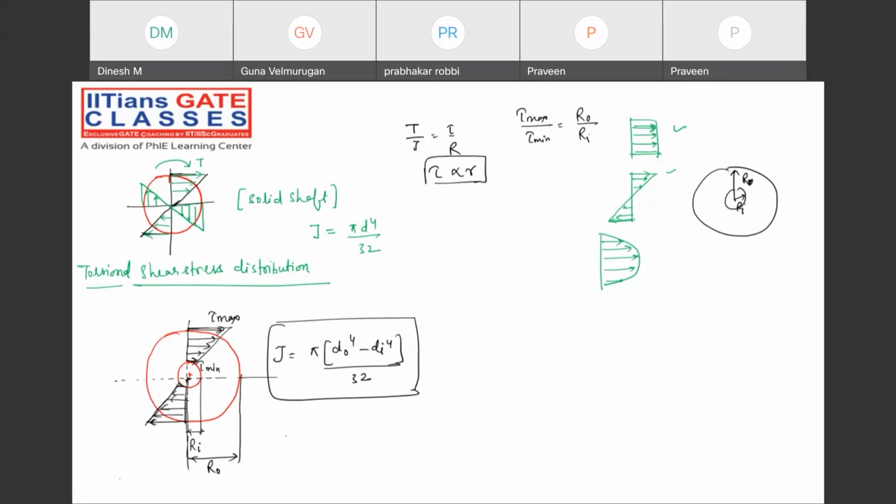Once it is done, let me know. This is for solid shaft and this is for hollow shaft.